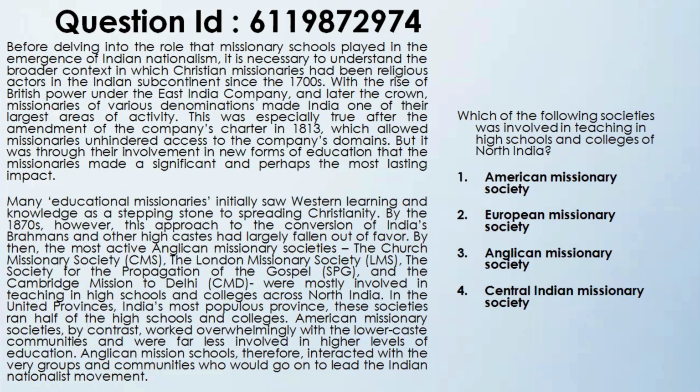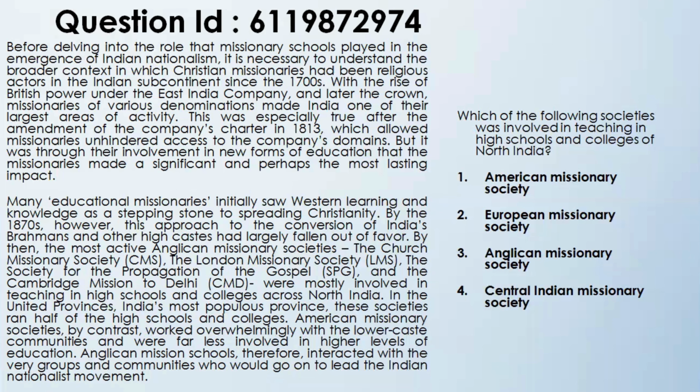Many educational missionaries initially saw Western learning and knowledge as a stepping stone to spread Christianity. By the 1870s, however, this approach to the conversion of India's Brahmins and other high castes had largely fallen out of favor. By then, the most active Anglican missionary societies, the Church Missionary Society (CMS), the London Missionary Society (LMS), the Society for the Propagation of the Gospel (SPG), and the Cambridge Mission to Delhi (CMD), were mostly involved in teaching in high schools and colleges across North India.